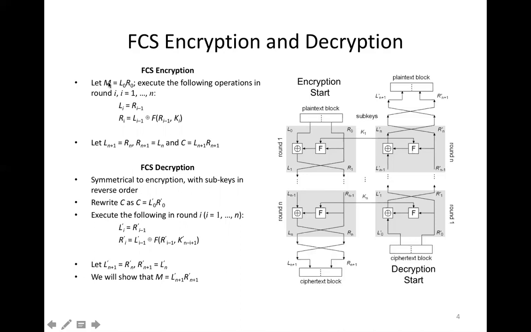Sometimes we use M to indicate the input string, and sometimes we use M to indicate a block from the input string. We don't want to put a subscript there, M sub i, because if we do that, then we have to say L sub i0 and R sub i0, and that would be cumbersome.